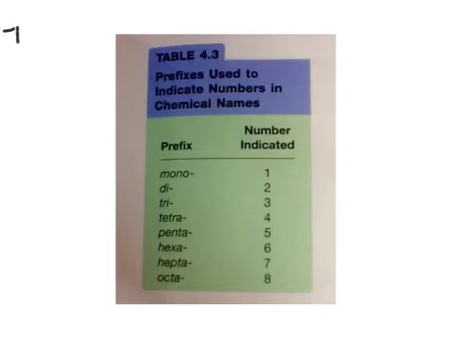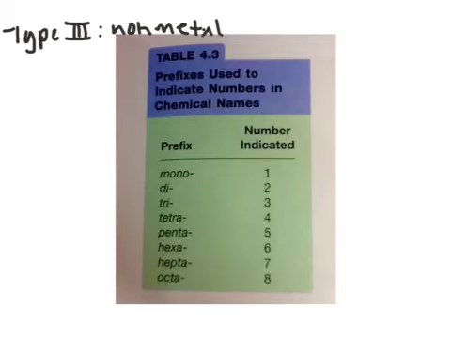So these are going to be the type 3, which is the all nonmetals. Oh my gosh, I need a new stylus. That's bad. Yeah, nonmetals. Okay, so I'm going to do a few problems for you from your homework.